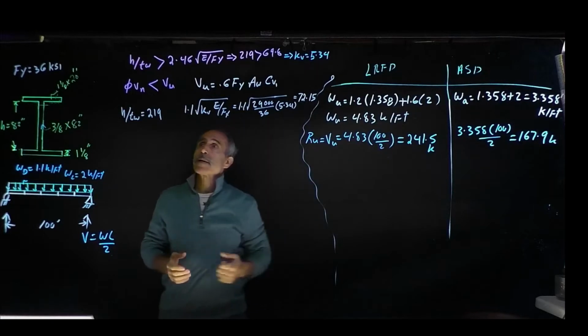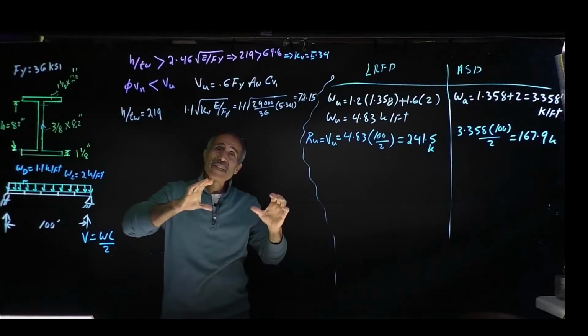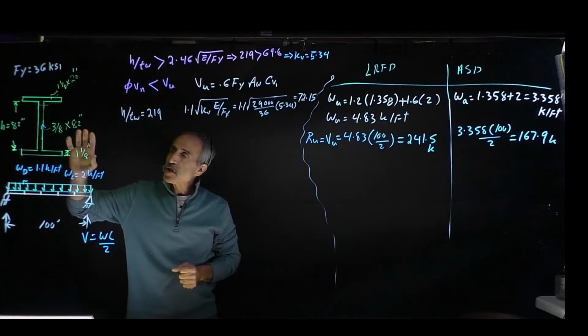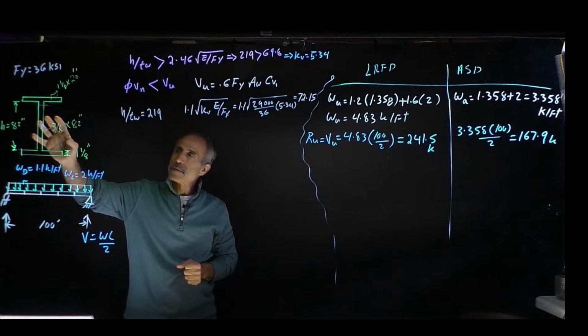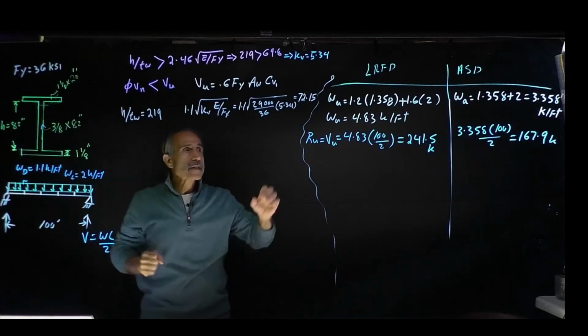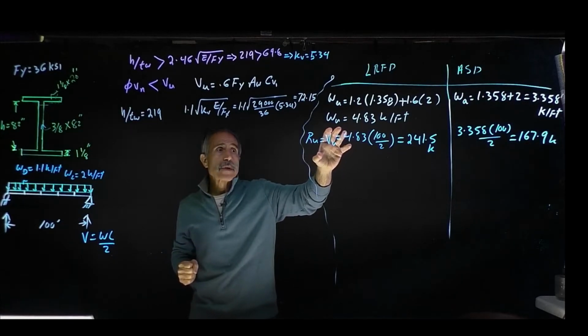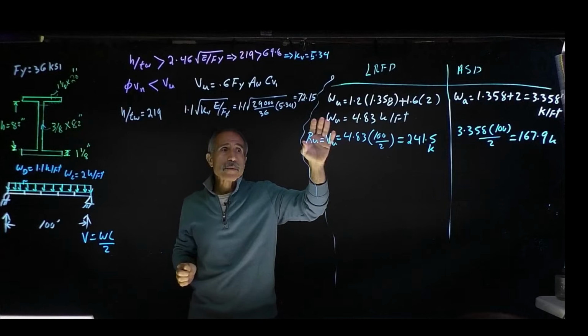Take a look at the spec. Now criterion number 2 has to be satisfied in order for us to say we need stiffeners. That means the shear capacity of the web should be less than the shear due to the applied load.